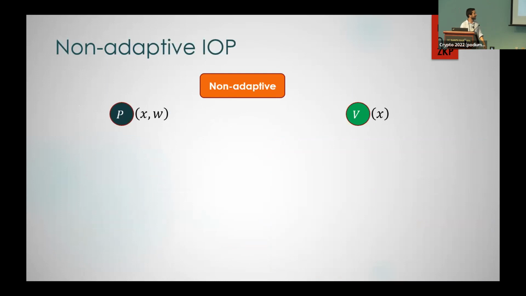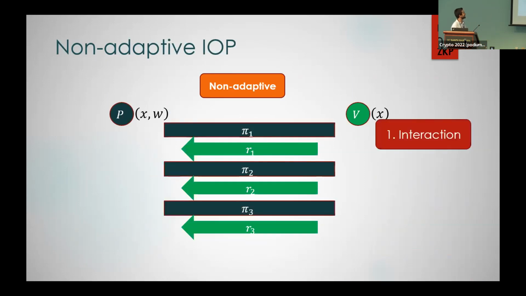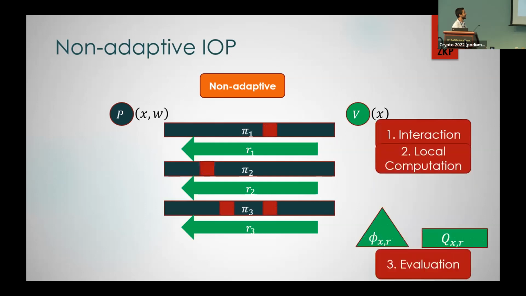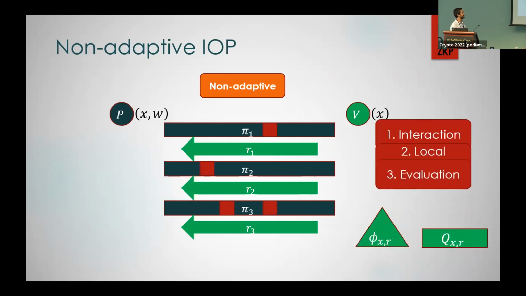So the final piece here is we're looking at non-adaptive IOPs. A non-adaptive IOP is an IOP where the queries of the verifier don't depend on the values of previous queries. It just depends on the randomness and on the instance itself. So after the interaction phase is done, the verifier just chooses all of the queries that it wants to make on the spot, and it makes those queries and doesn't change anything about them.